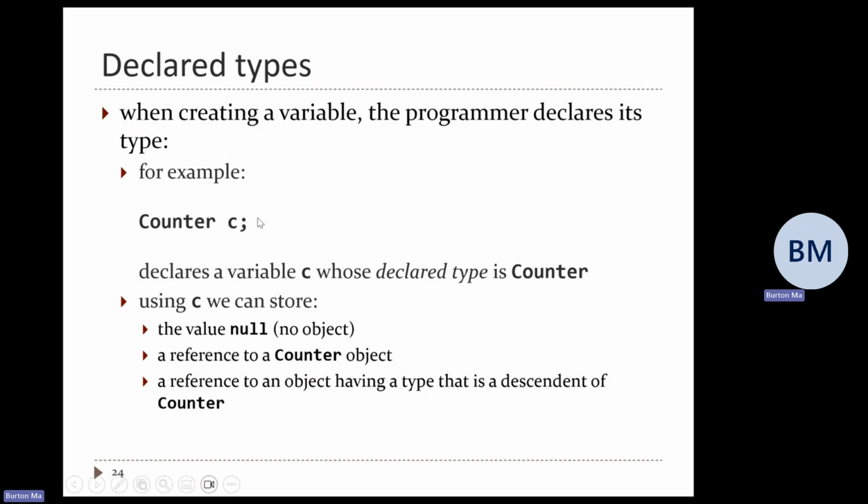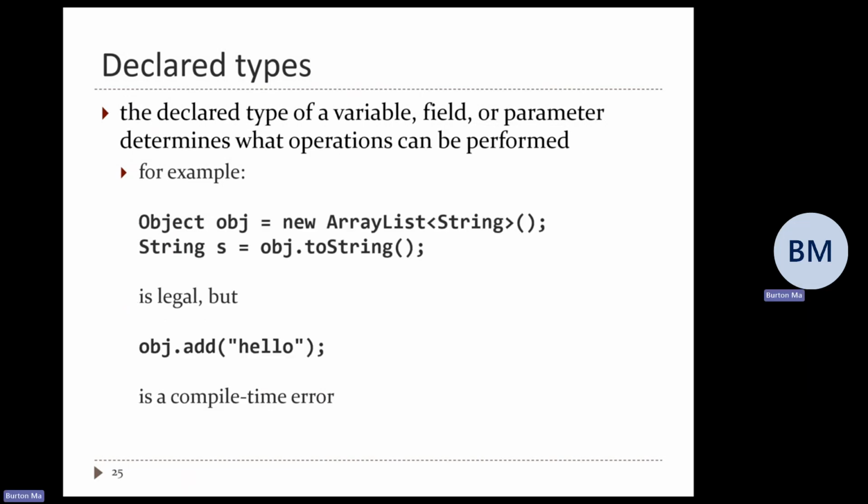And so when you make a variable of some type, in this case counter, the type of the variable when you declare it is called the declared type of the variable. And remember, it's the declared type of the variable that determines what operations you can perform with the variable. So obj, its declared type is Object.